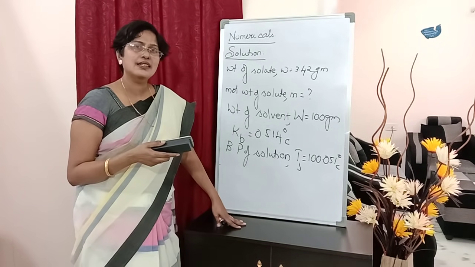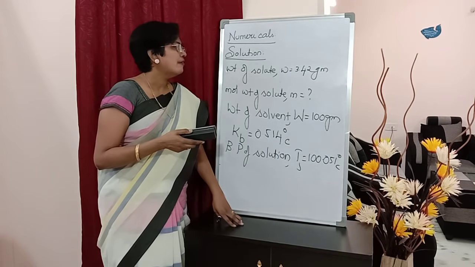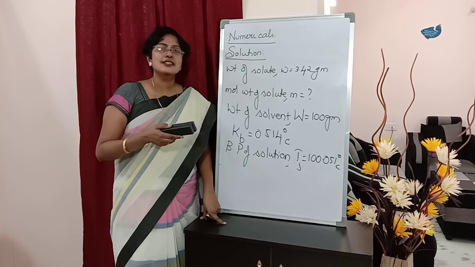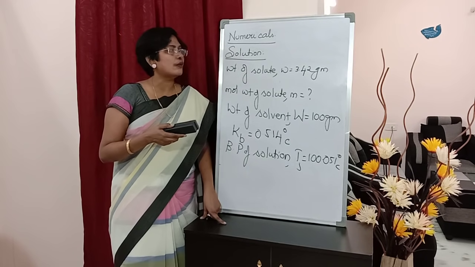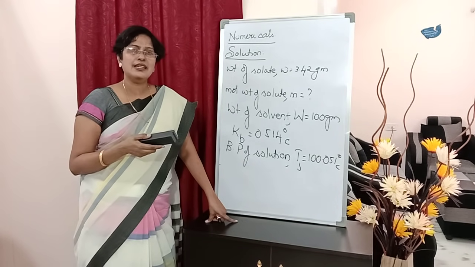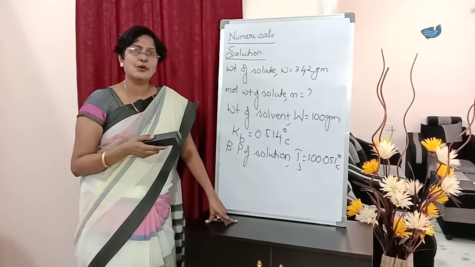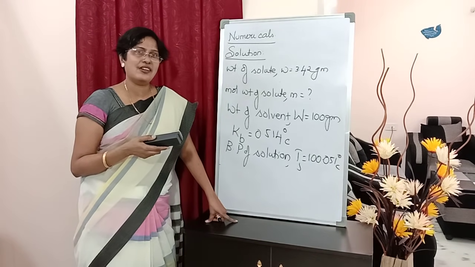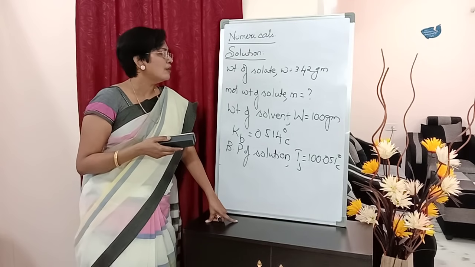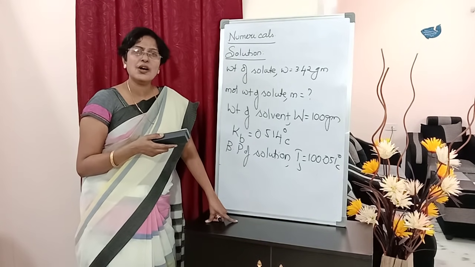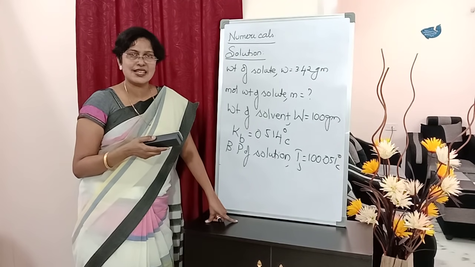First value, the weight of the solute, denoted by small w, is equal to 3.42 grams. We do not know its molecular weight, which is to be calculated. Therefore the molecular weight of the solute, denoted by small m, is equal to question mark.